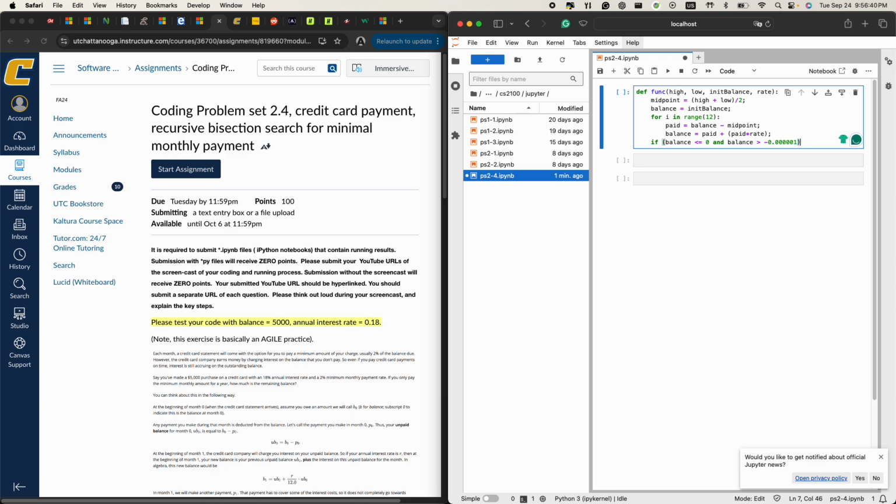If it's in between that very small range, then we will return it as our payment. And we'll just print it out as well. Lowest payment is midpoint.